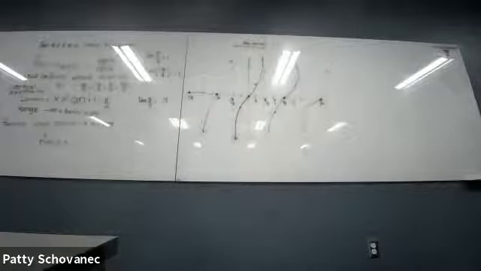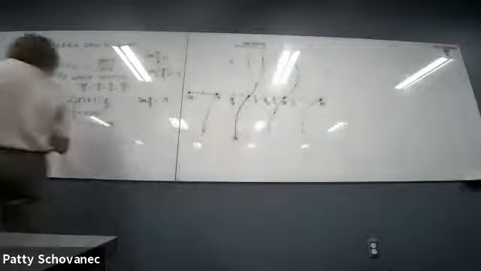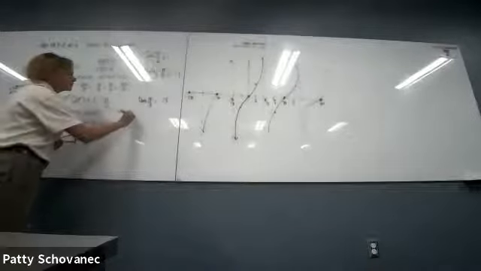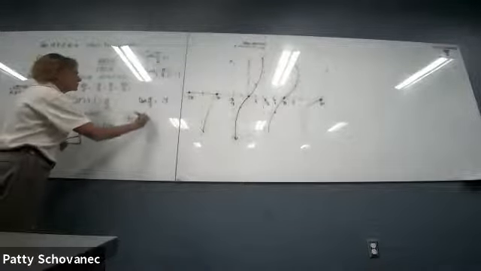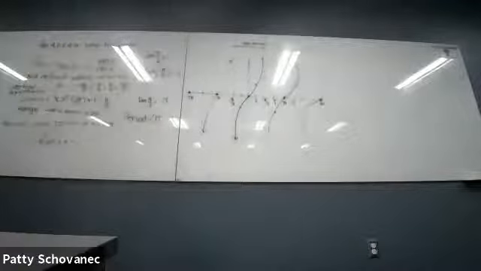So how long is one period? How long is the interval from minus pi over 2 to pi over 2? Pi. Tangent has a period of length pi.